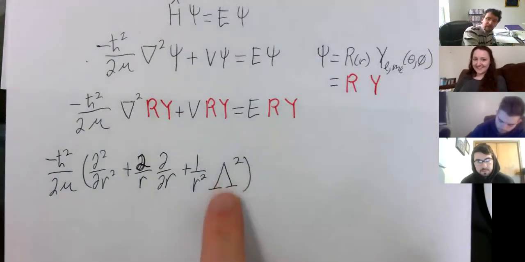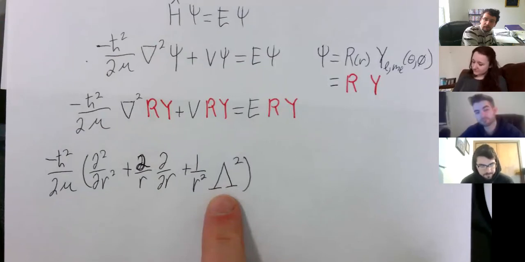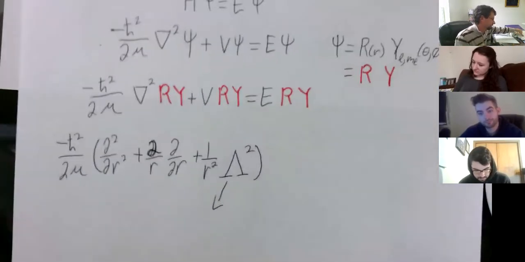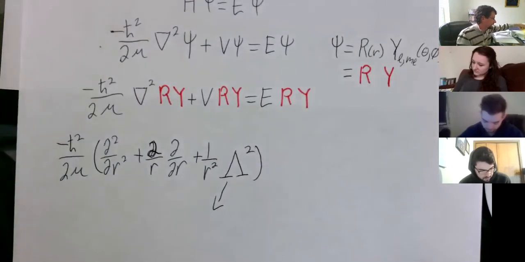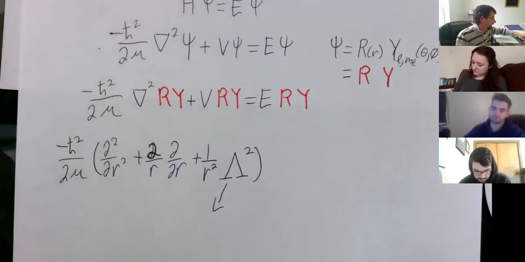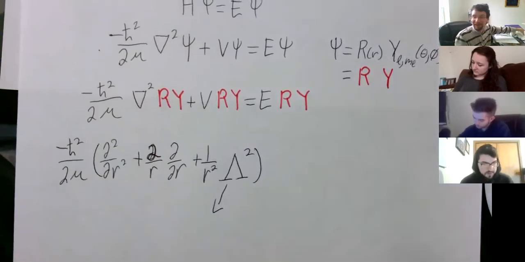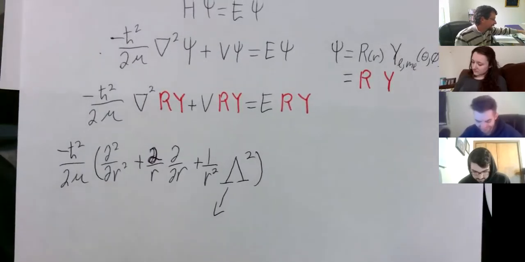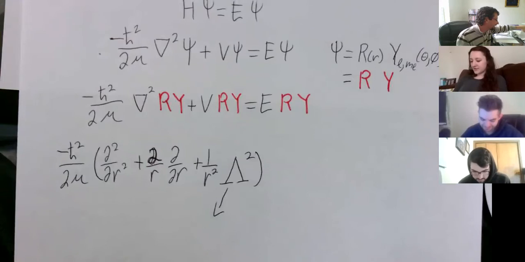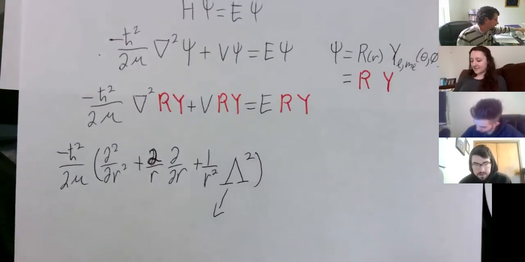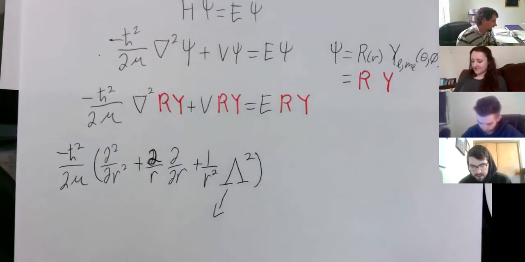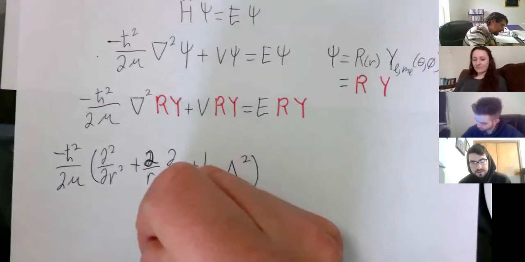You remember what this thing was? I don't have to look back at it. I can't remember what the expression was. I know what it depends on. Was it 1 over sine something times the second derivative of that plus 1 over sine theta and phi?